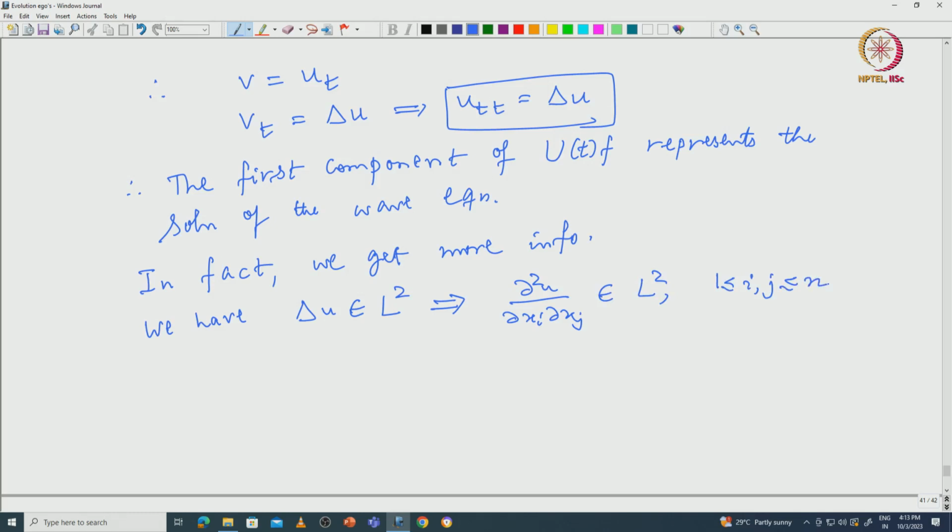Recall that I already commented in one of the previous classes, it is very important that here we are working in L2 and in Rn. So, we can use the Fourier transform and get it, and I do not know whether this is true if u is in Lp, p not equal to 2. That is one thing.